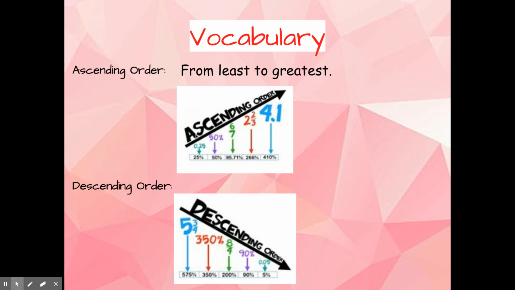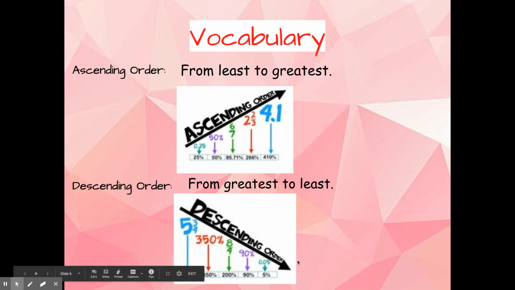Descending is just the opposite, from greatest to least. With ascending, I'm starting with my least number and going up to my biggest number. Descending, I'm doing the opposite. I'm going down that mountain, starting with my biggest number and descending to my smallest number.